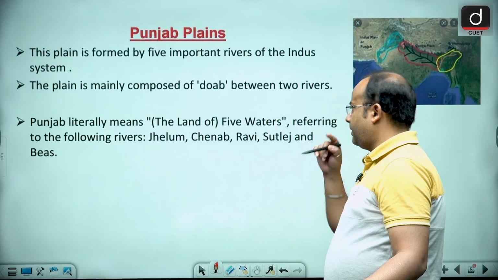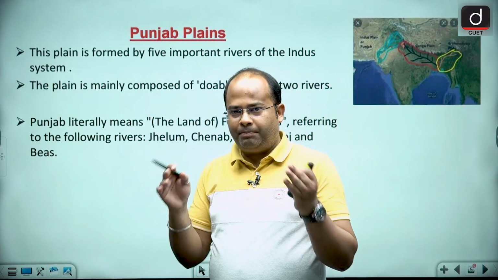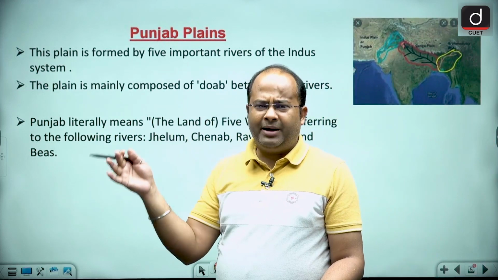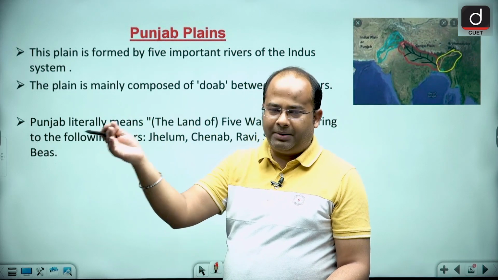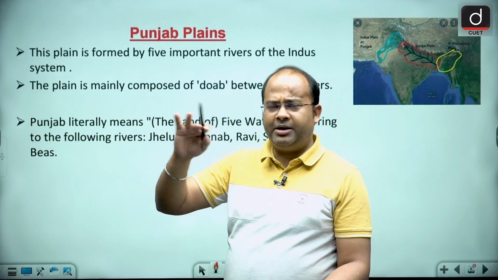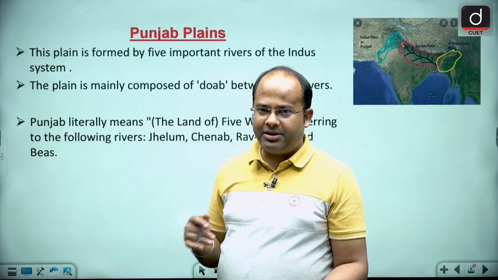So this Punjab plain, if I see the Punjab plain as a whole, includes the Punjab plain of India plus the plains of Pakistan as well, because Punjab is in both countries, India plus Pakistan.